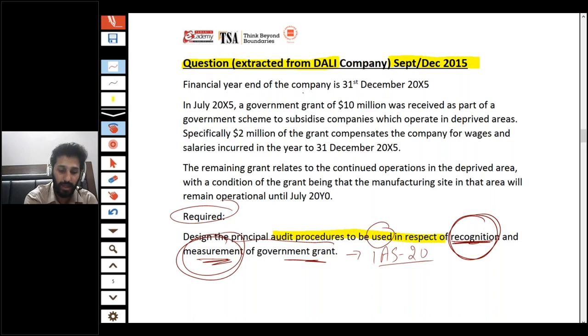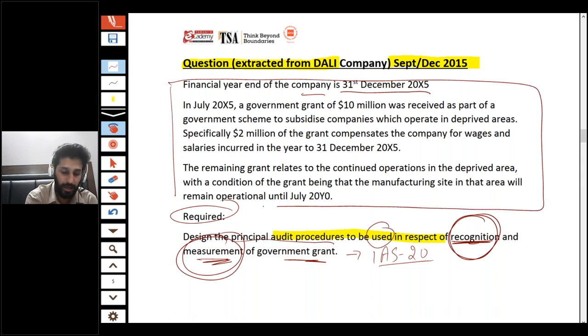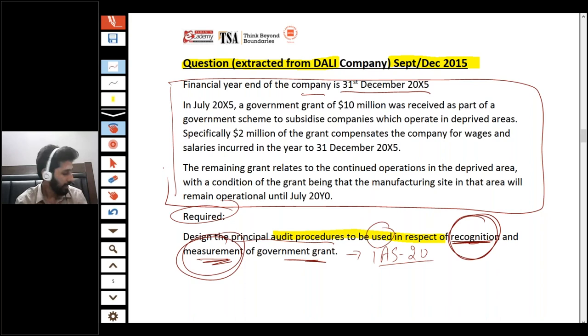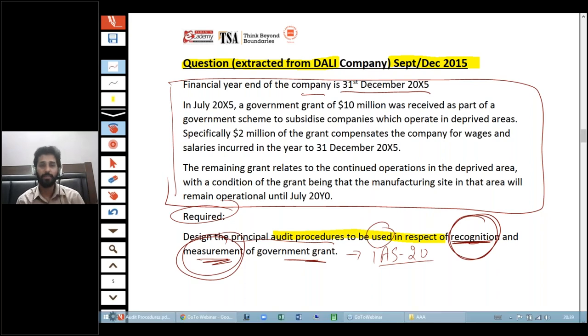Financial year end of the company is 31st December 20x5. Now with your learning and reading pace, just read this data, and then I will explain a little about IAS 20, and then we will move towards writing the procedures. Please read it thoroughly.